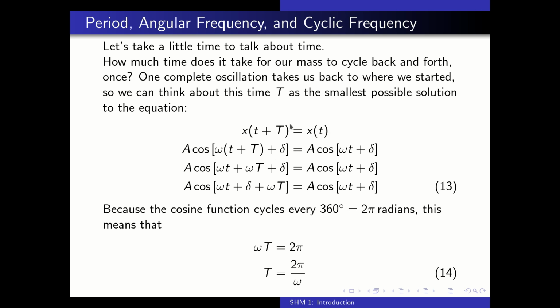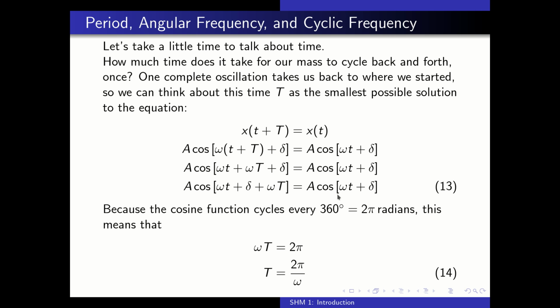So all we're going to do is take our position equation, where position is a function of time, and substitute it in here, so that we have A cosine omega (t plus T), where little t plus big T, and over here we're just evaluating this position function at the earlier time. With a little bit of algebra, A cosine of omega t plus delta plus omega T is equal to A cosine omega t plus delta.